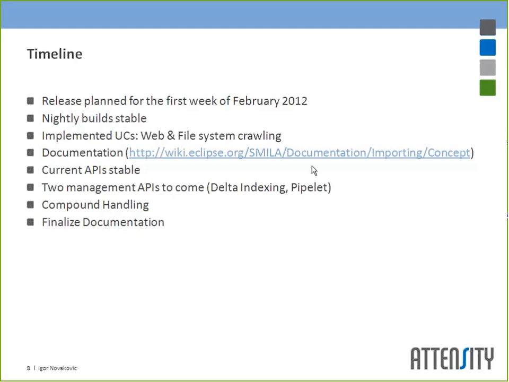The first one will be for extracting zip archives, and the second one for extracting tar archives. So to say, the 2 most common container formats will be supported after that. And of course, the documentation that I mentioned already has currently some kind of draft character, but we also plan, in the course of release work, to finalize this documentation.